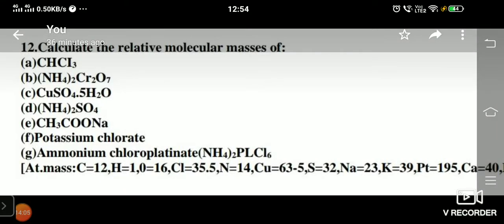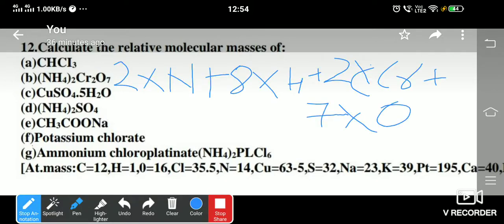So as I told you, it would be 2 into N plus 8 into H plus 2 into Cr plus 7 into O. I have to delete it because I don't have space on the board. So you can write it down: 2 into 14 plus 8 into 1 plus 2 into the atomic mass number of Cr, that is chromium, and the next step would be plus 7 into O, that is 7 into 16.